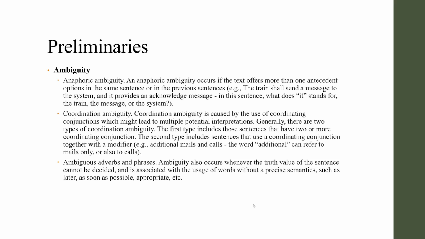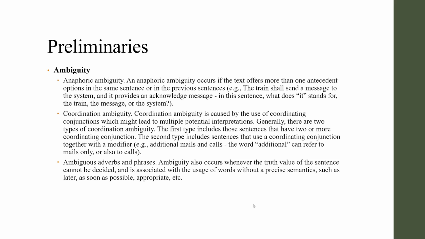An anaphoric ambiguity occurs if the text offers more than one antecedent option in the same sentence or in the previous sentence. Coordination ambiguity is caused by the use of coordinating conjunctions that might lead to multiple potential interpretations. Generally, there are two types of coordination ambiguity.